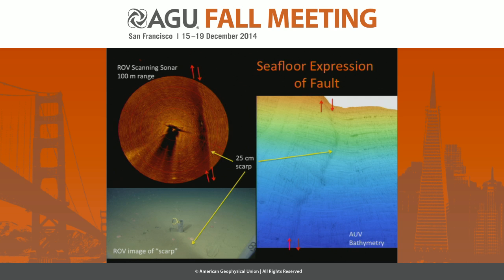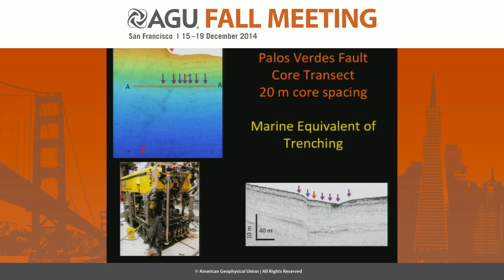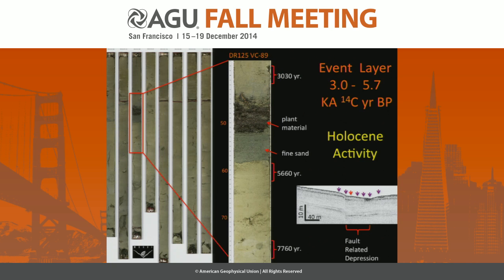The importance of that is that you then can go down to the seafloor with the ROV outfitted for coring, and you can collect cores at whatever spacing you want. In this case, we collected cores at a 20 meter spacing, and I'd maintain that this is the marine equivalent of trenching on land. And we've done that in this case and collected this transect of cores corresponding with this chirp profile.